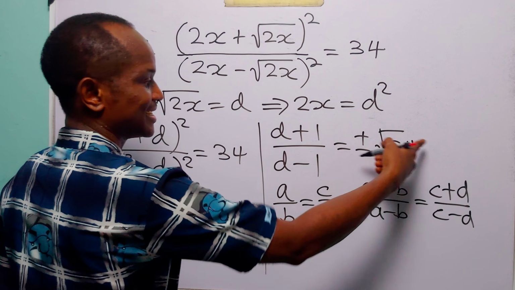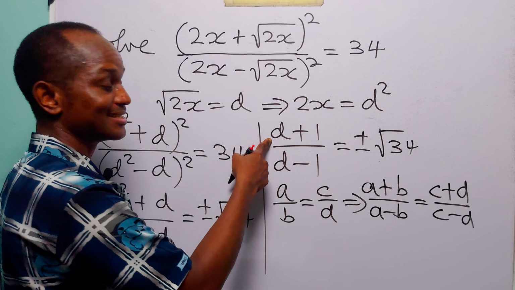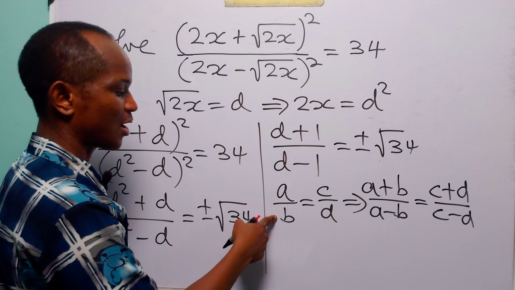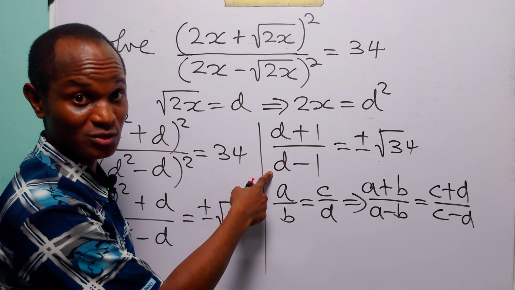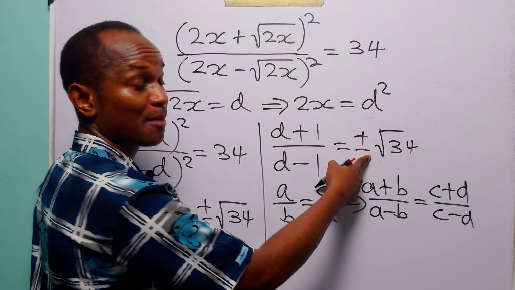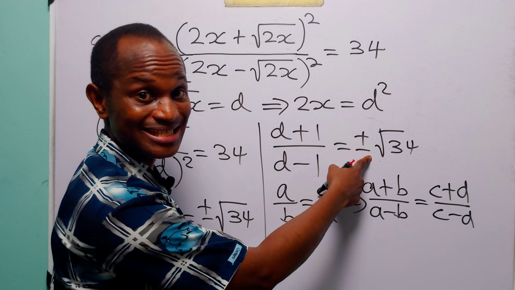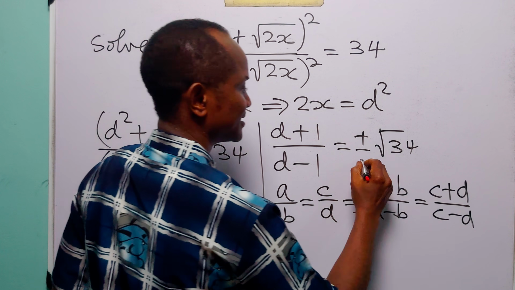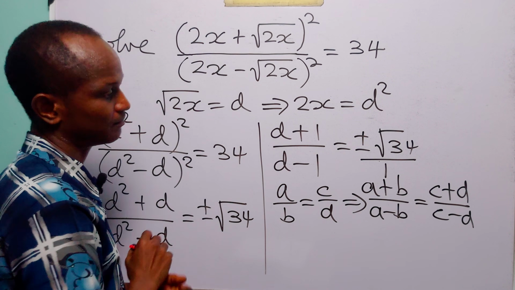Of course, you know that in this case, a is d plus 1, b is d minus 1, c is plus or minus root 34, while d is 1.